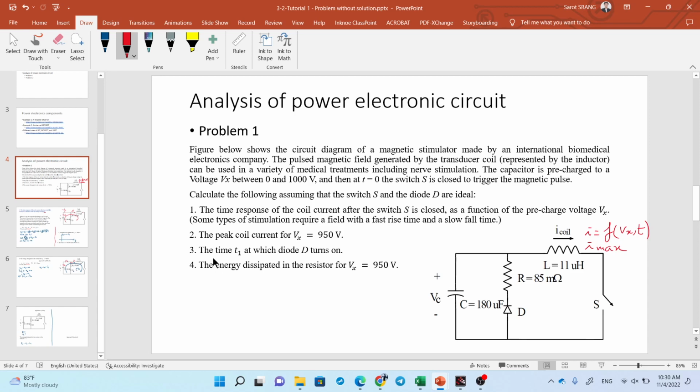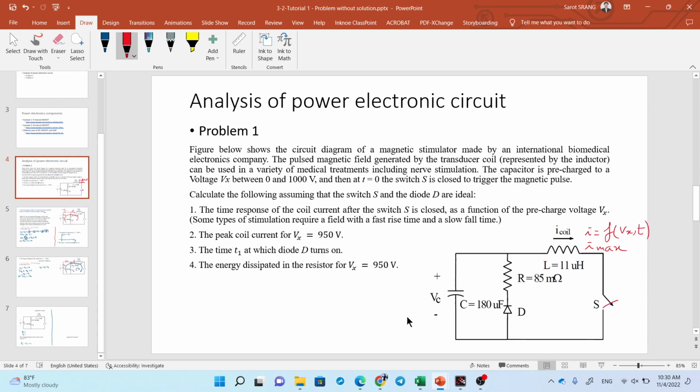And third, you will need to calculate the time t1 at which diode D turns on. So calculate when this one turns on, from the moment you close the switch until this one turns on.